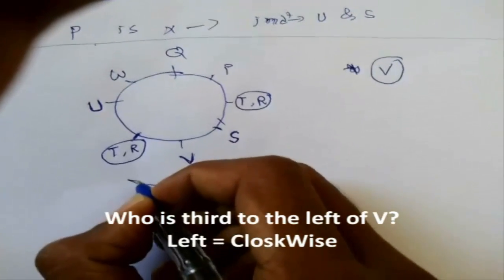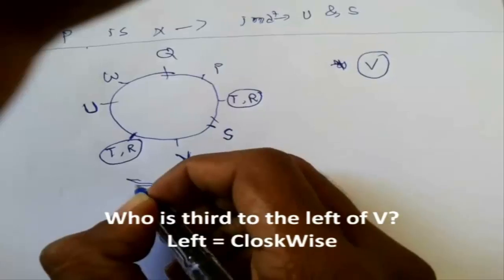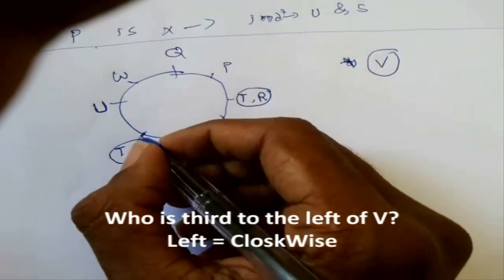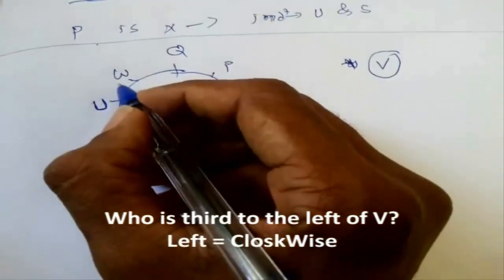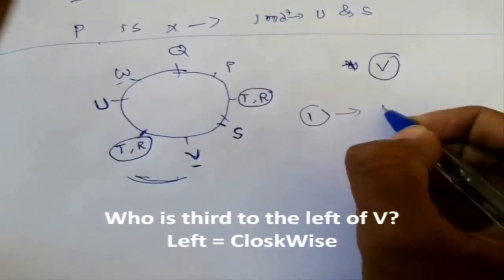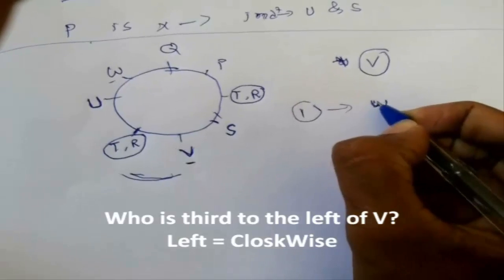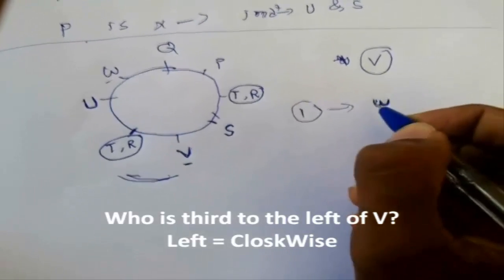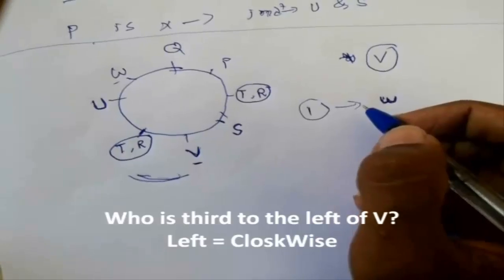So in the clockwise direction, the third place, that is first, second and third, is W. So the answer for the first question is W. It means W is third to the left of V.